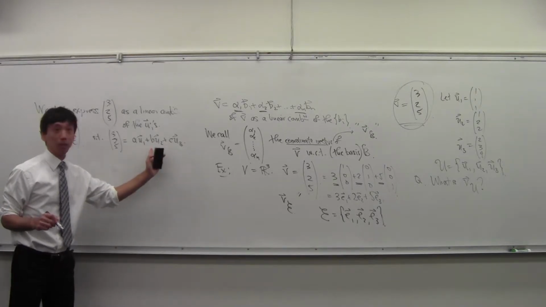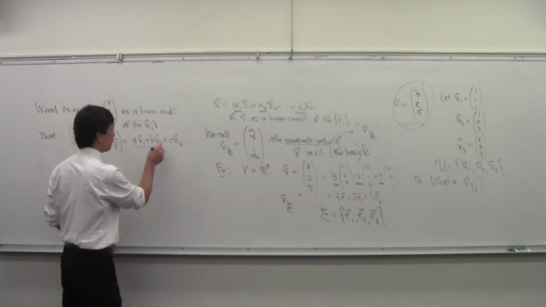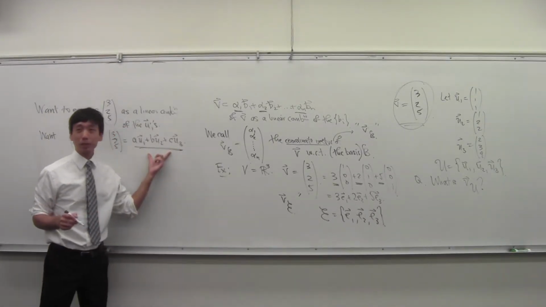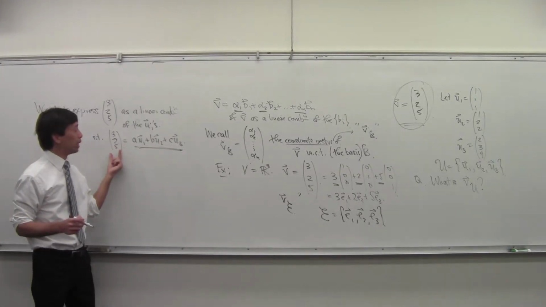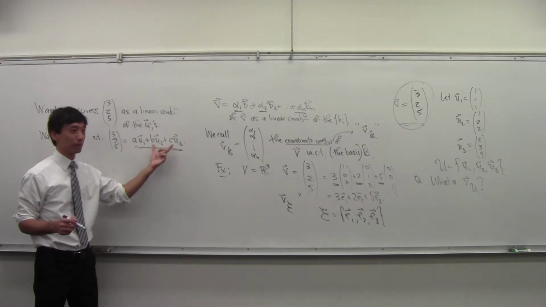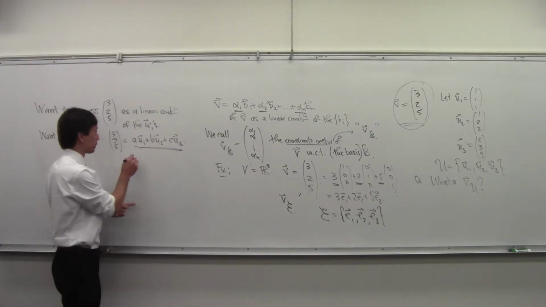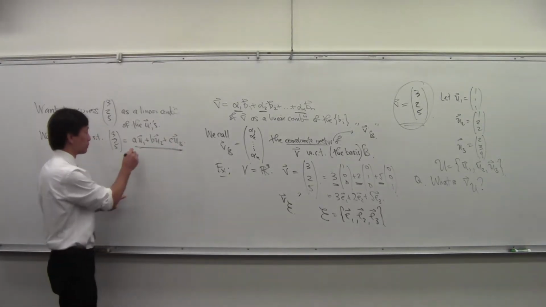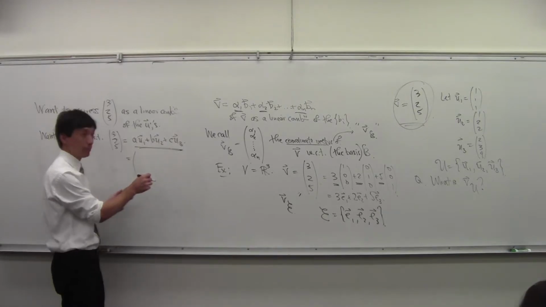So what does this mean in terms of matrices? Can anybody express this as a matrix condition? We want 3, 2, 5 as a linear combination of these vectors. Julia: So you would set it up with the goal of trying to reduce it to echelon form. Exactly.